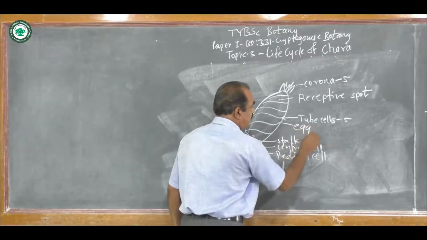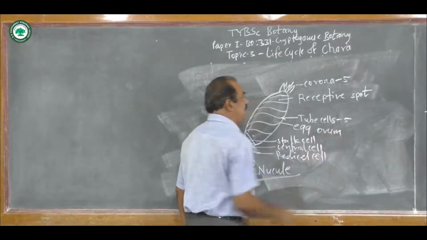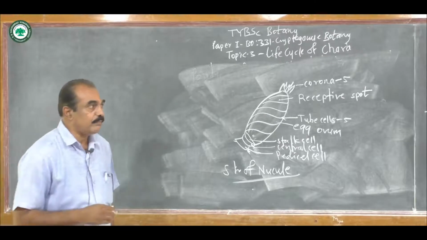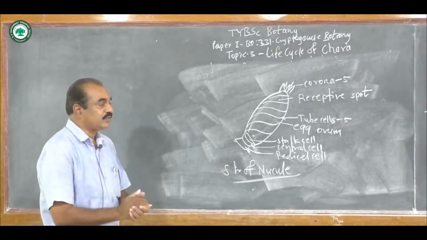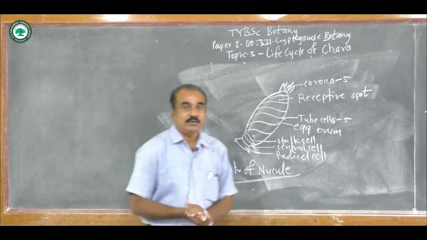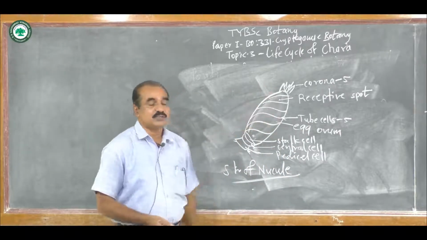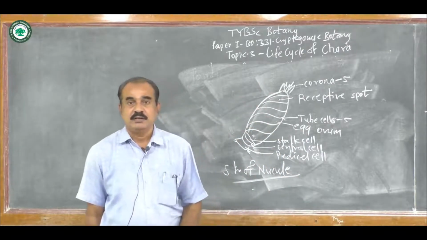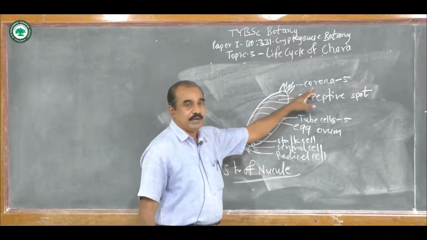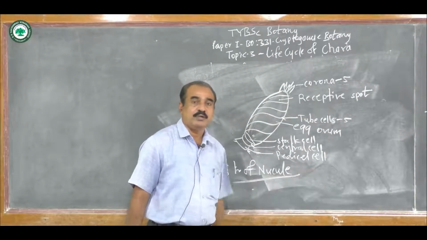It is called the egg or ovum. Now this egg is spirally encircled by another kind of cell, and these cells are called the tube cells, and they are 5 in number. Now these tube cells at the apex cut off a small single cell, and it is in the form of a corona. So the corona is formed from 5 cells.